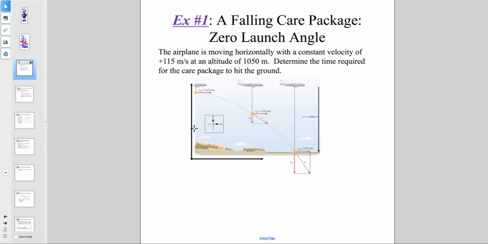So kind of like this. X right here, and I have Y right there.